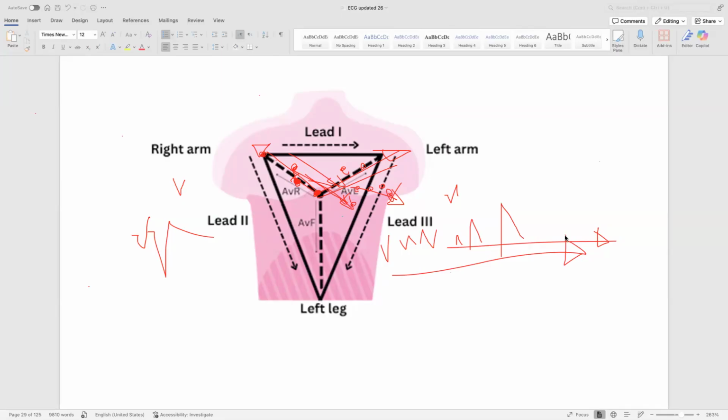If the electricity is normal, the R wave will progress from negative to biphasic to small positive.